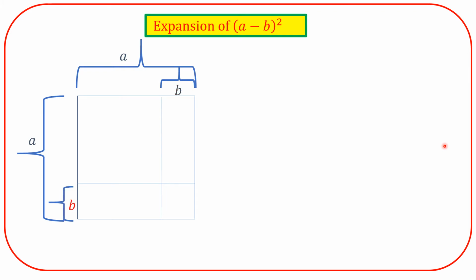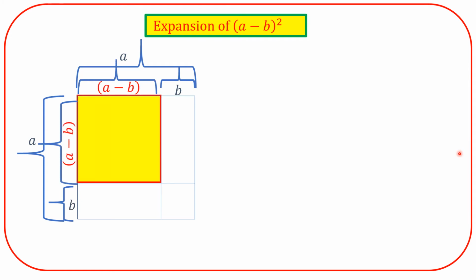Here also it is equal to b. Now the remaining part: this complete length is a and this part is b. Therefore the length of this part is a - b. Here also a - b. Now this is a square, therefore the area of this square is (a - b) whole square.